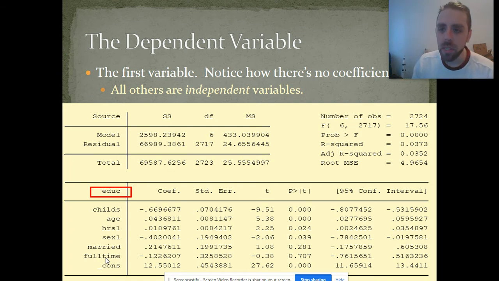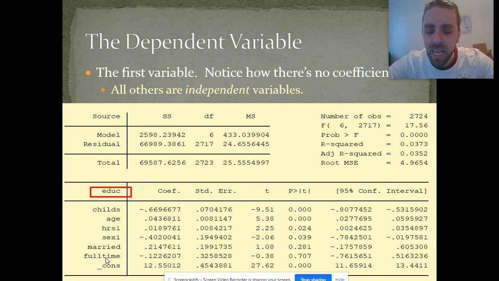You do not want to interpret this as, in effect, a change in education is affecting number of children and is affecting age and is affecting hours worked. No. Those 3 things, number of children you have, age, and hours worked, those three things all have an independent effect upon the outcome of respondents' years of education.